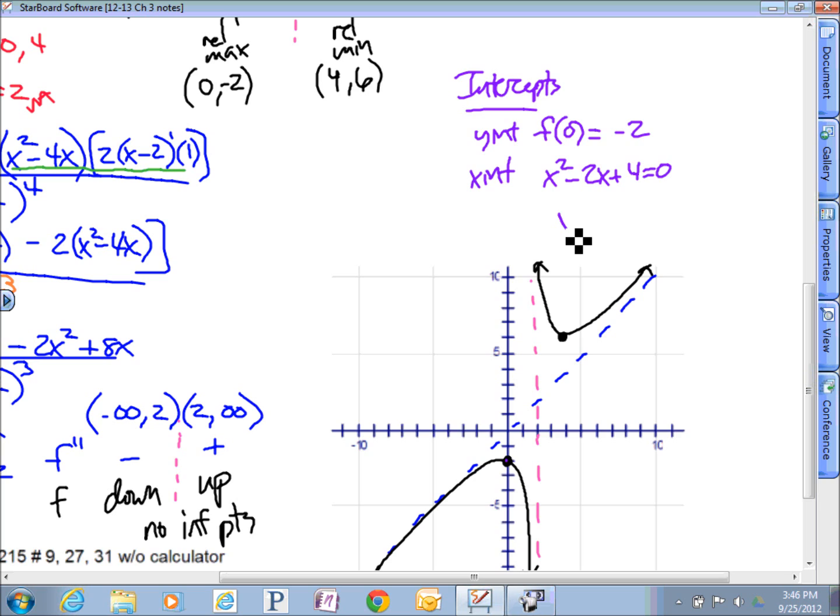If I try to do quadratic formula, my x would be, let's see, 2 plus or minus the square root of b squared, which would be 4, minus 4 times a times c. And as soon as I'm done writing that down, it doesn't matter the 2 times 1 on the bottom because this quantity right here is 4 minus 16 inside that square root, and that would be imaginary. Can't take the square root of a negative number, so therefore there is no x-intercept.